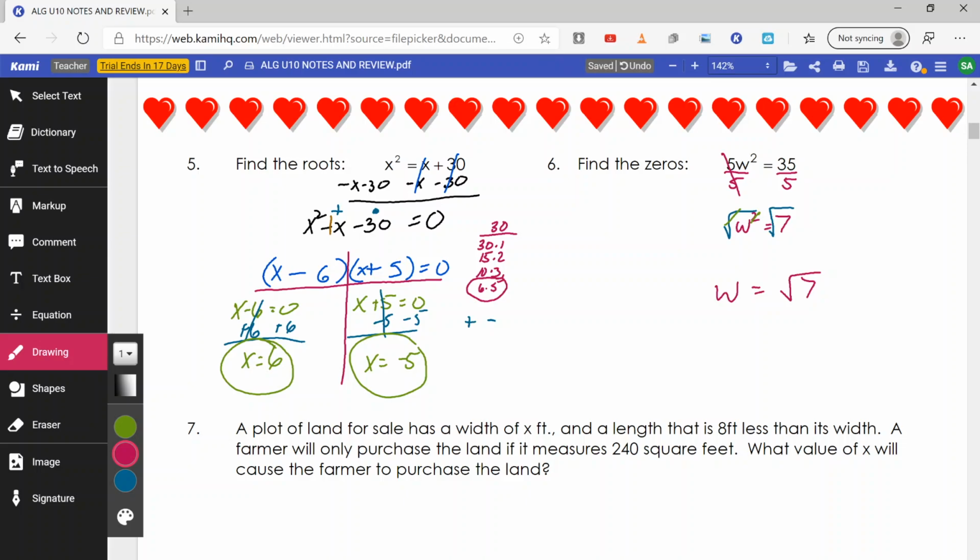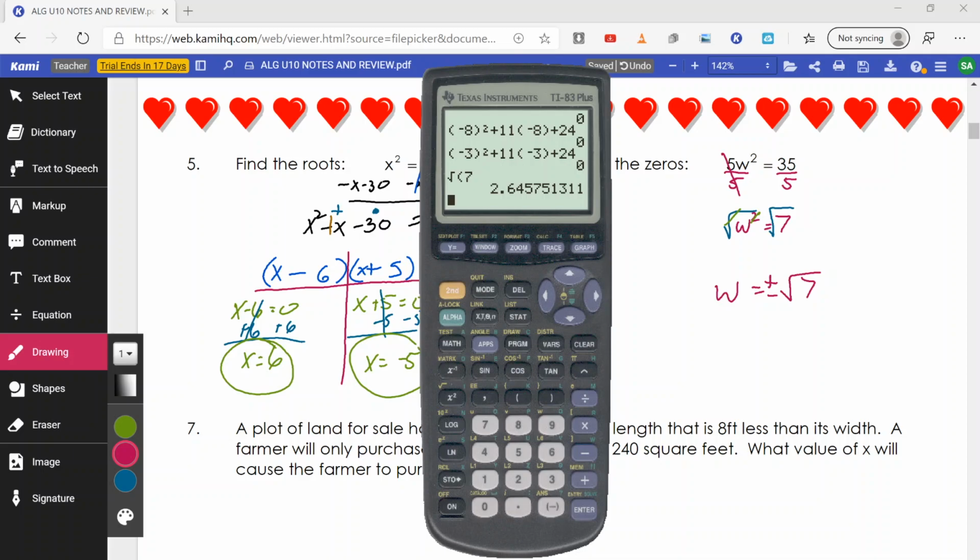However, whenever I take the square root of a number, I actually get two different values. I get a positive value and a negative value. So whenever we take the square root of a number, we put a little plus and minus to indicate that we have a positive root 7 and a negative root 7. If you're unsure, if we do 5 times the square root of 7 squared, I get 35.